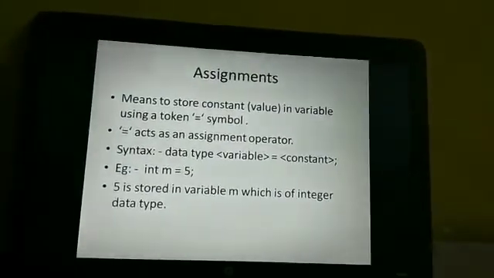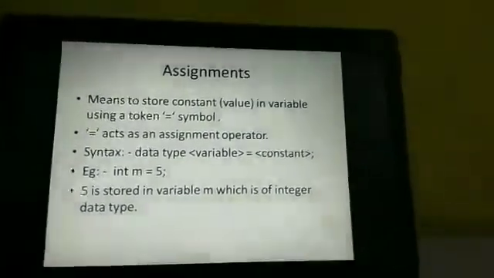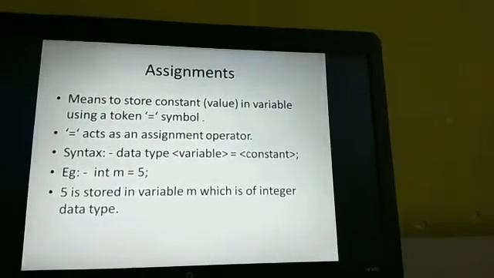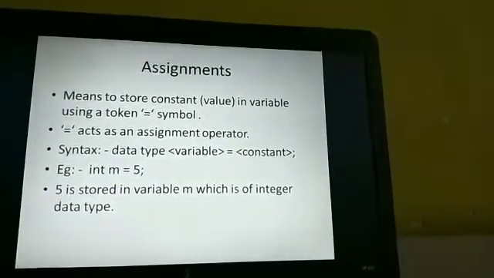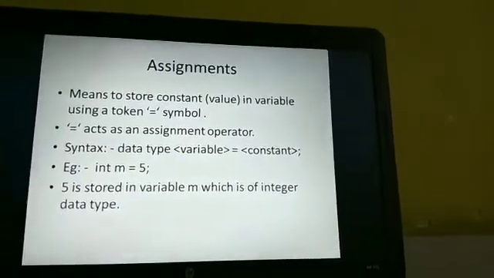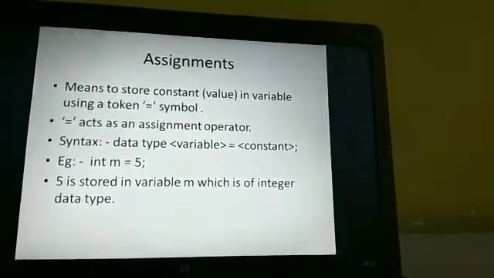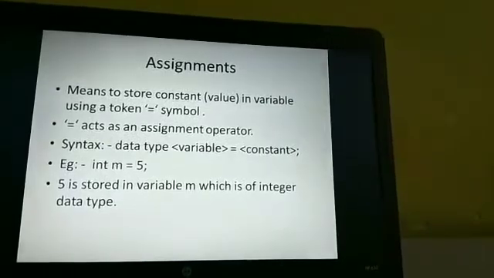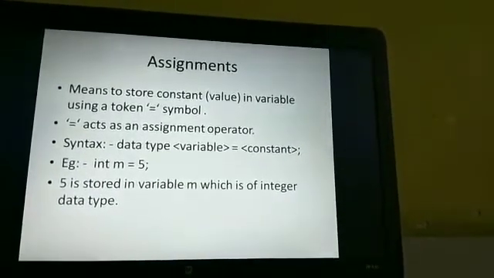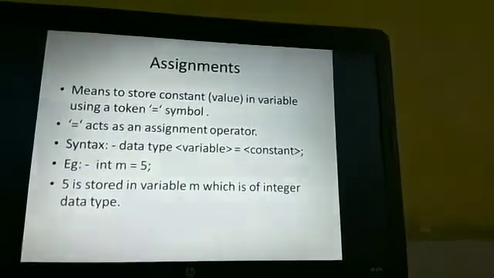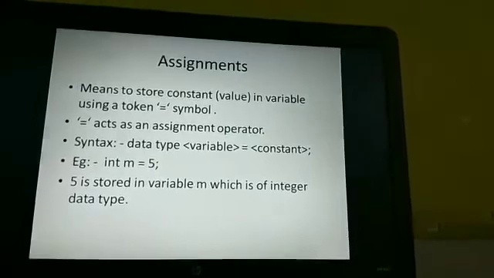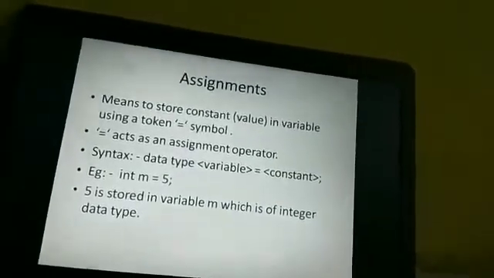Next comes another token called assignment, which means to store a constant or a value in a variable using a token called the equals to symbol. Remember that the equals to symbol is the only assignment operator, where you are storing a value inside the variable.